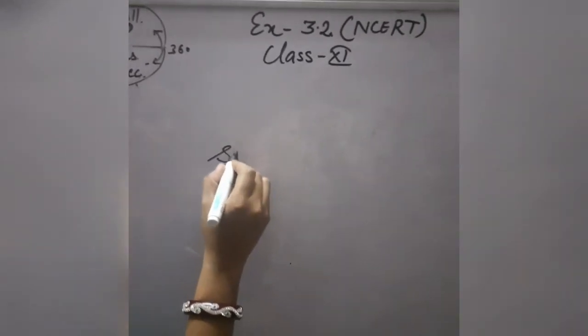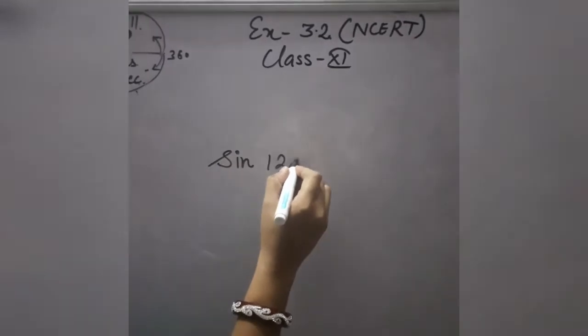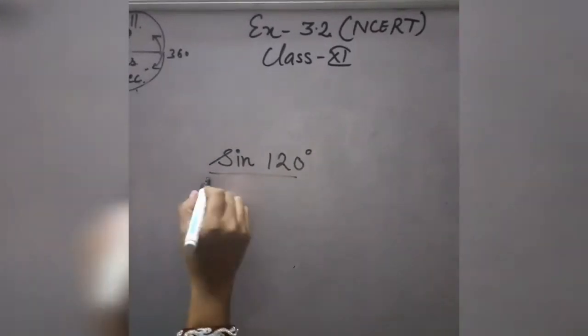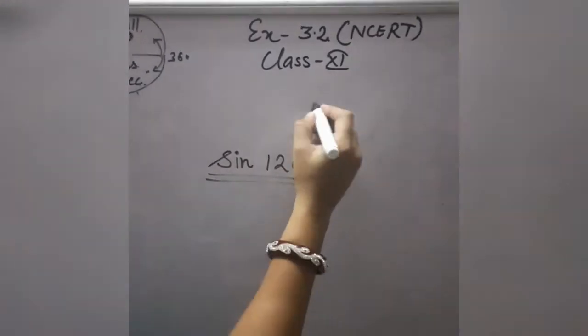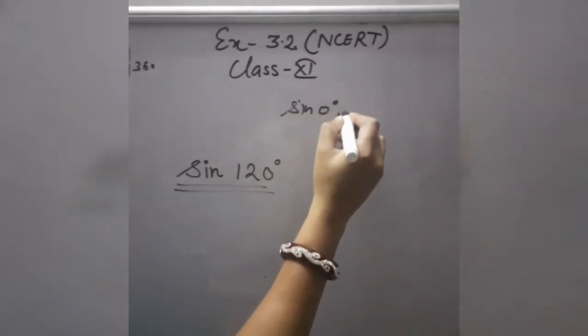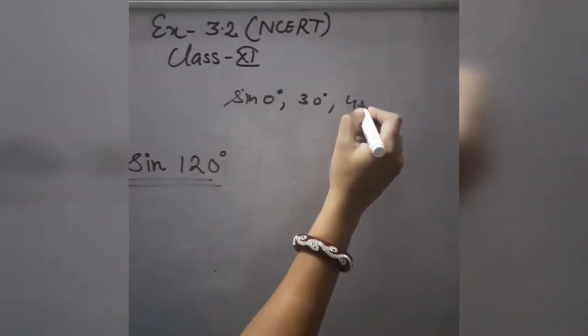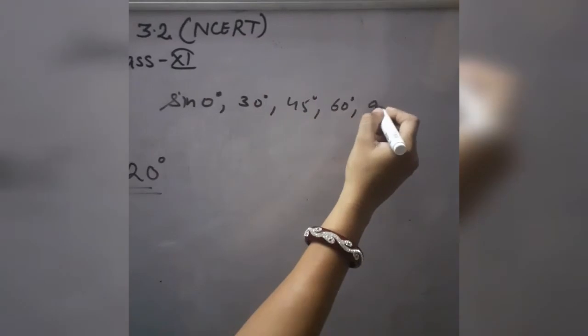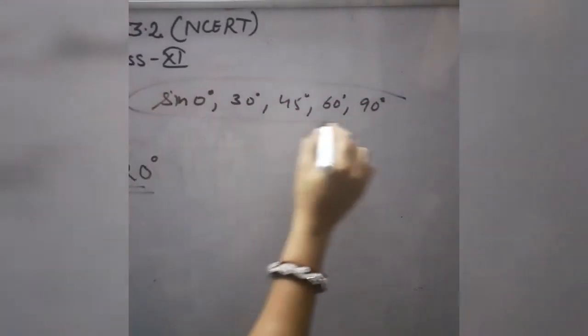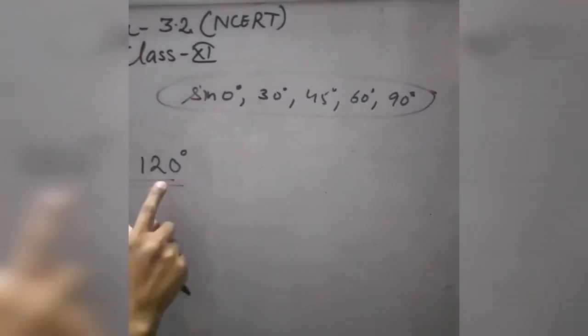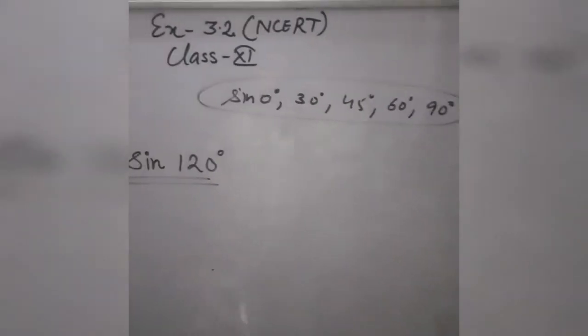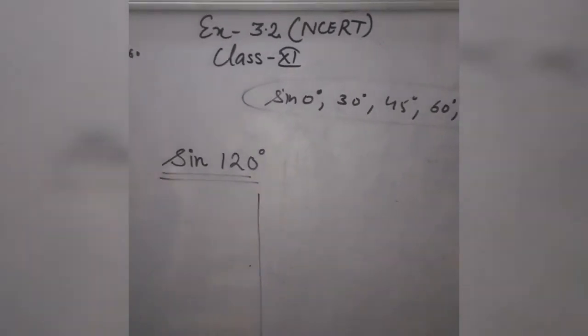Now suppose you want to find out the value of sine 120 degree. See this sum very carefully. You have learned the values of only sine 0, sine 30, sine 45, sine 60 and sine 90. With the help of these values we can find out the value of sine 120 also. See how you will find sine 120 degree.